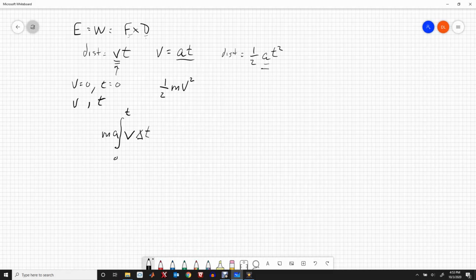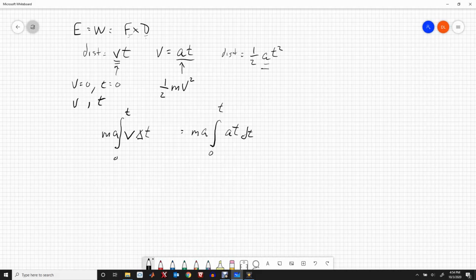Well, the integral constant isn't the same here, but we can do some magic to make that the same. So remember, in constant acceleration, we said that the velocity at any one point in time, starting from 0, is the time at that point times the acceleration. So we can say that this equals ma, integrate from 0 to t, and I'm going to replace this delta t symbol with just dt here, and now the v gets replaced with a times t.